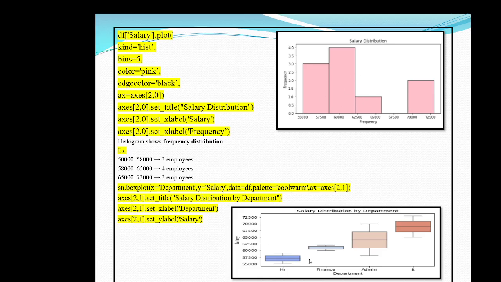And suppose you wanted to plot a box plot, this is not available in the matplotlib library. That's the reason why I have used seaborn. It says here sns.boxplot, and specified the x-axis should be department, the y-axis should be salary, and the data that you have to take is df, and palette coolwarm, that is going to talk about the representation, and the axis is going to talk about the position of the graph, and specify the title, x-axis and y-axis.